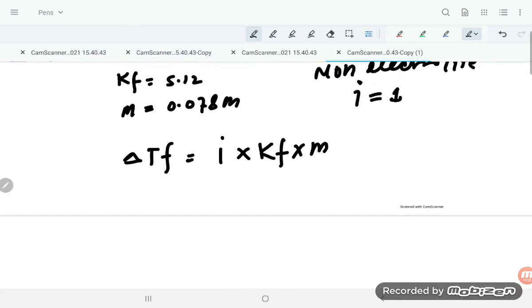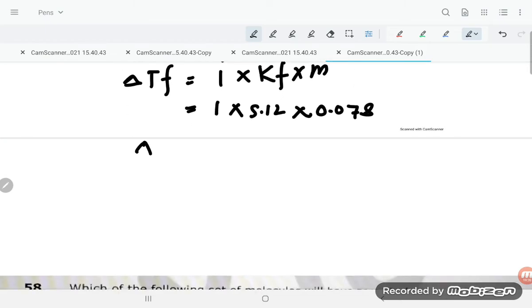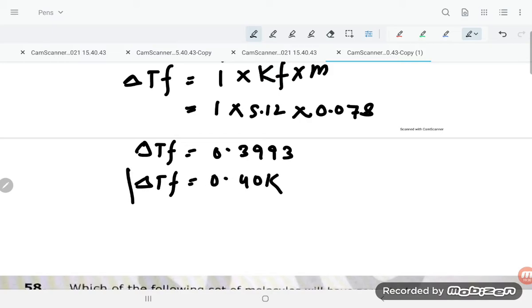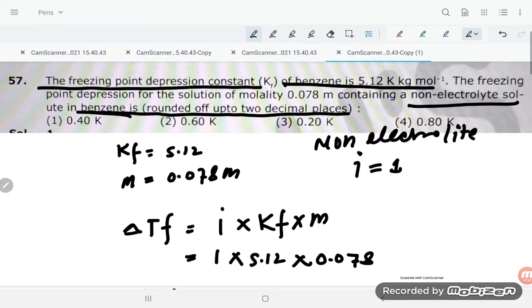The i value is 1, Kf value is 5.12, m value is 0.078. If you solve this, delta Tf comes to 0.3993, or delta Tf will be 0.40 Kelvin. Which is correct? Option number 1 is correct, student.